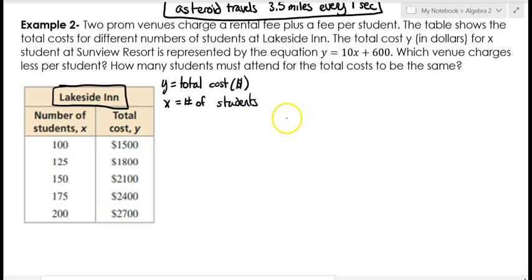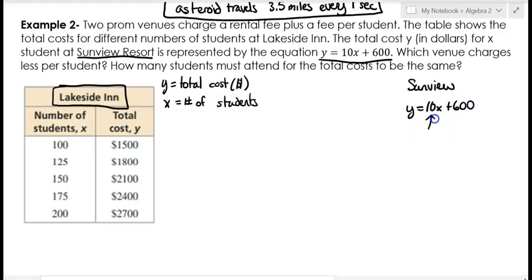Okay, so the total cost in dollars for x number of students at Sunview Resort is represented by this equation right here. It says, which venue charges less per student? So first of all, at Sunview, let's just jot this down. It was 10x plus 600.